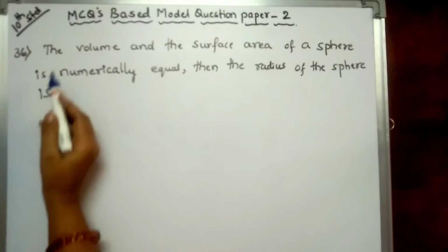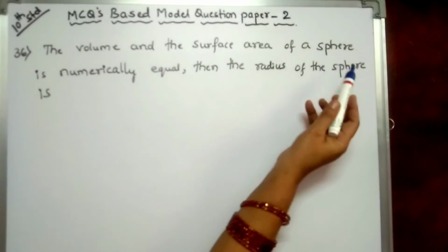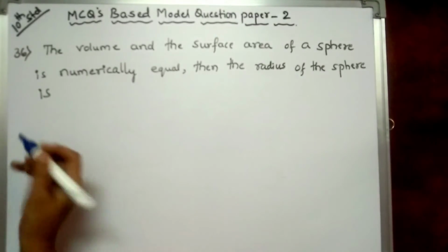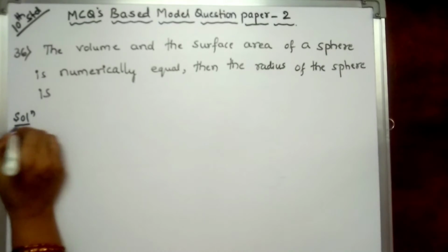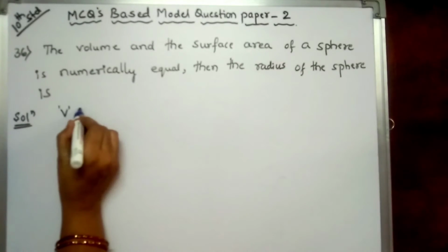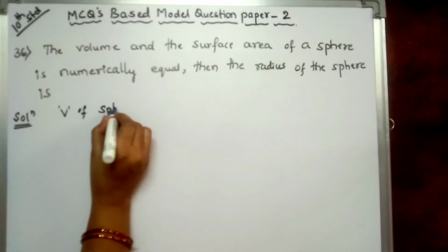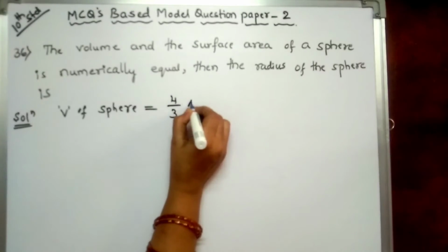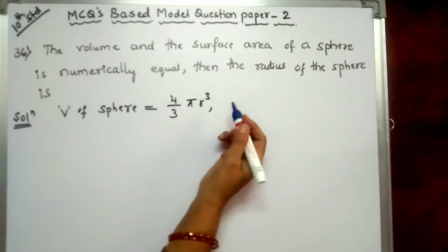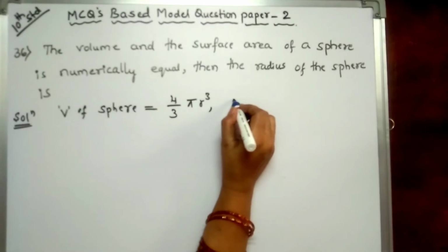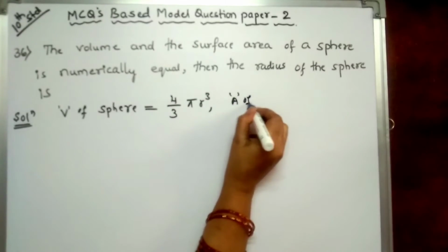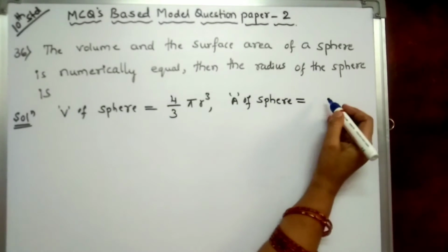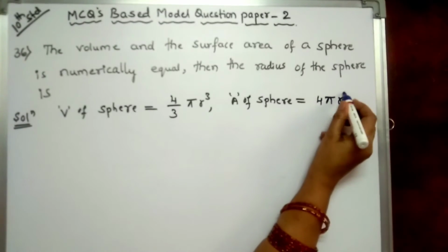Question number 36. The volume and the surface area of a sphere are numerically equal. Then the radius of the sphere is... Write down the two formulas. Volume of the sphere is 4 by 3 pi r cube, and surface area of the sphere is 4 pi r square.